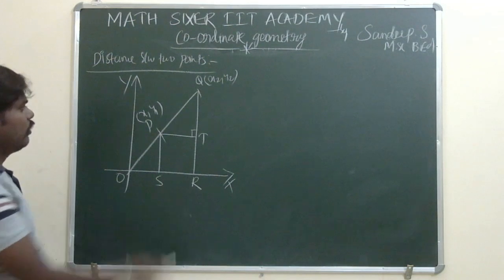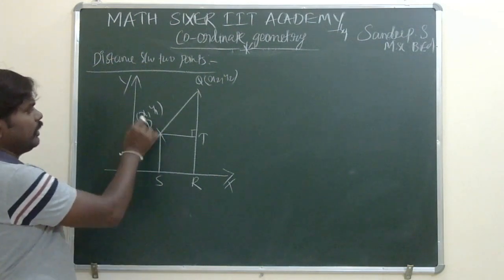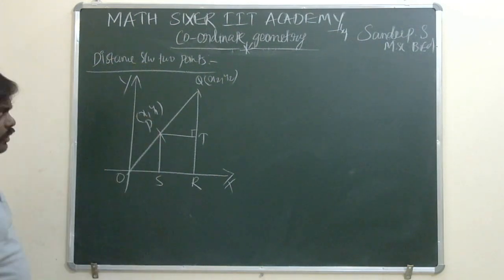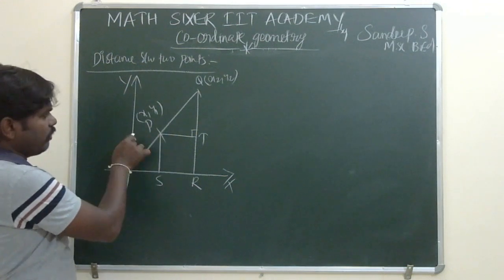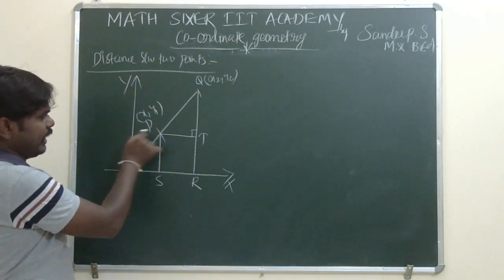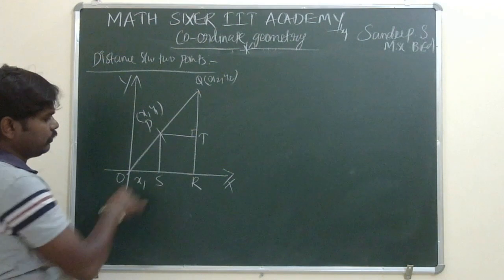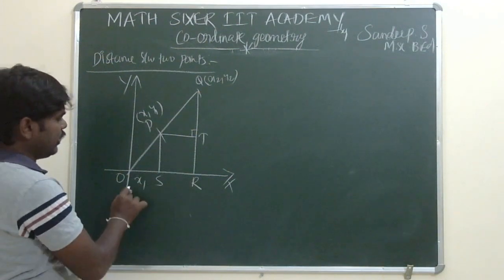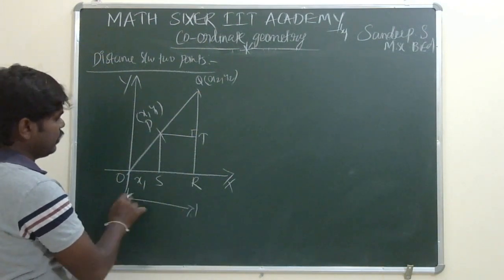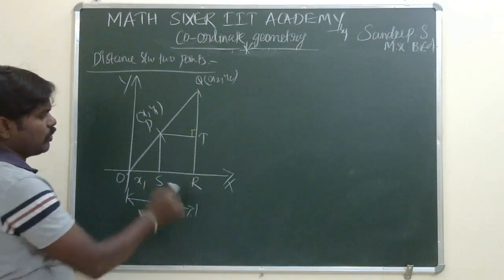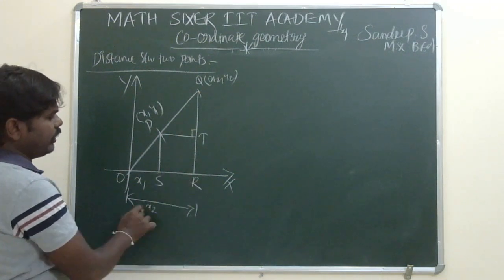Now as we said, point P is (x1, y1). That means the distance from the y-axis to the point P is x1, that means OS is x1. Next, OR is what? Here it is x2. So SR is nothing but x2 minus x1.